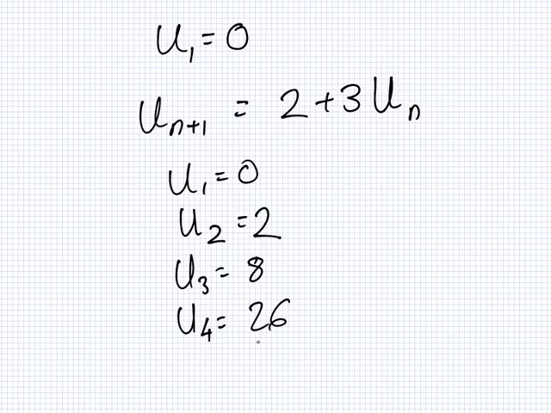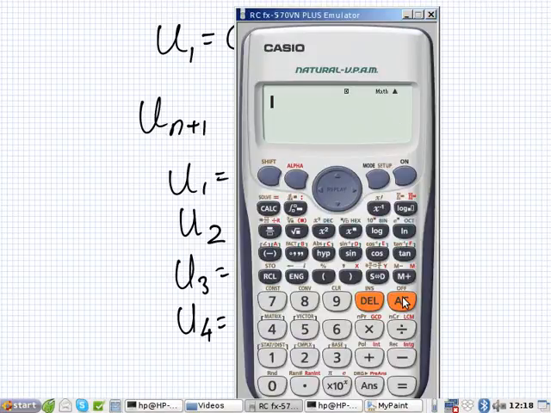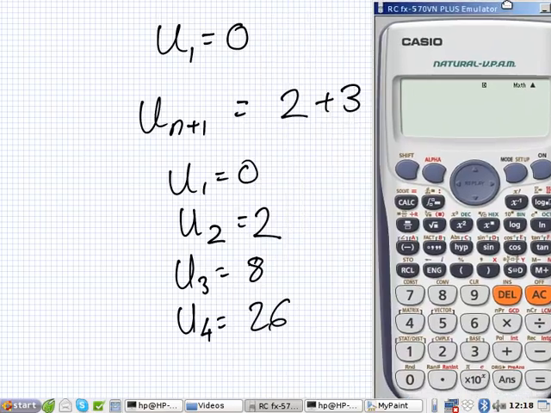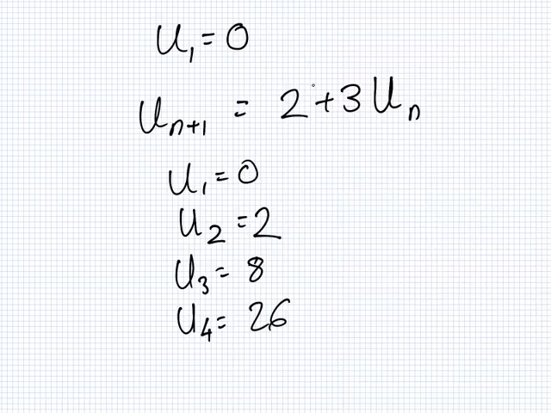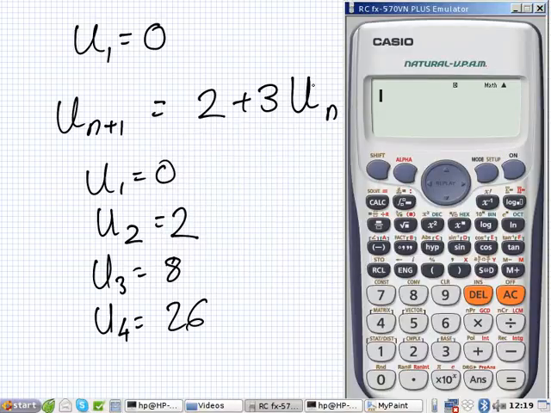There is a way to do this quickly on your calculator, and this should work for most calculators. Let me show you. You can do this with me, so take out your calculator. The first thing you do is type in the first term, which in this case is 0, and then press equals.